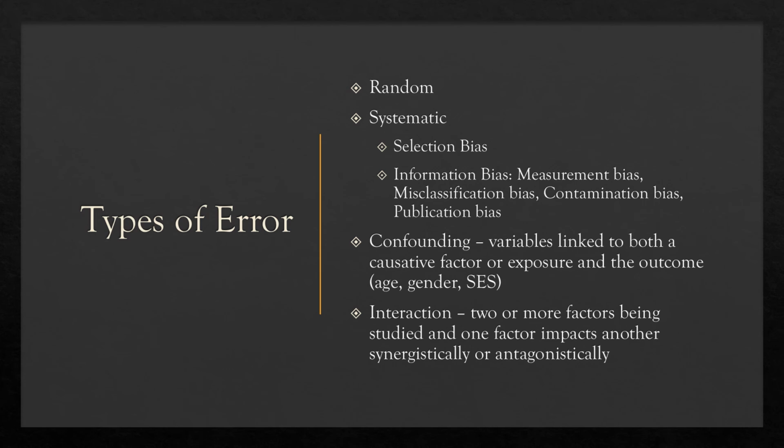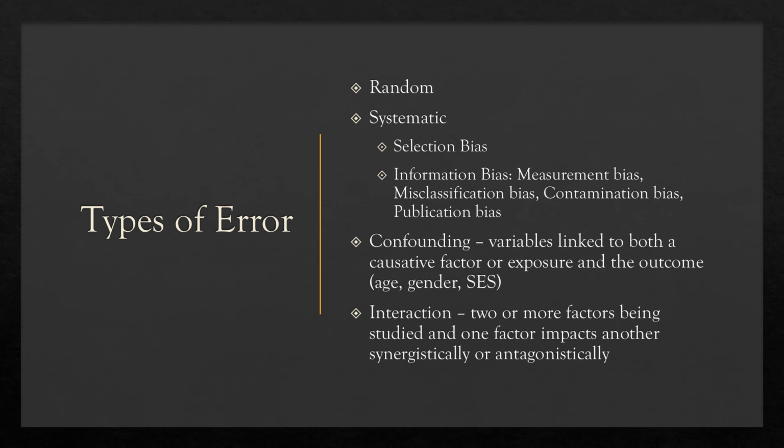And so it makes it seem that there's an association between an exposure and an outcome that is not actually there. It's just the people who were chosen for the study. So they don't represent a group accurately.